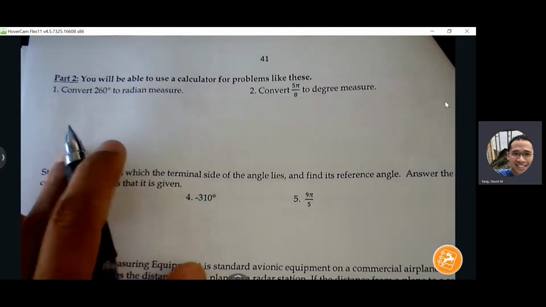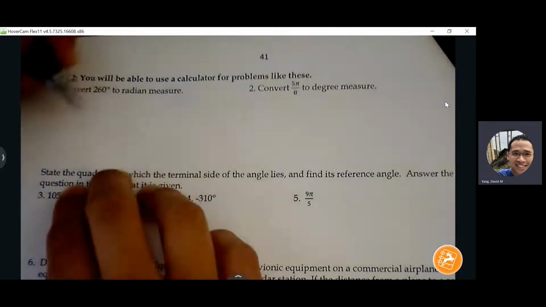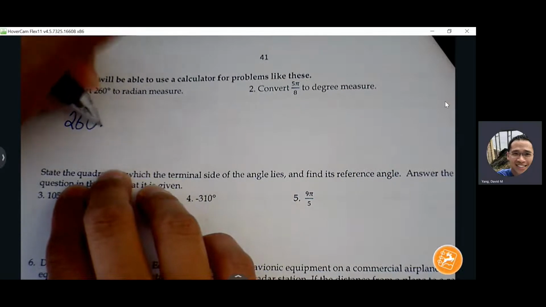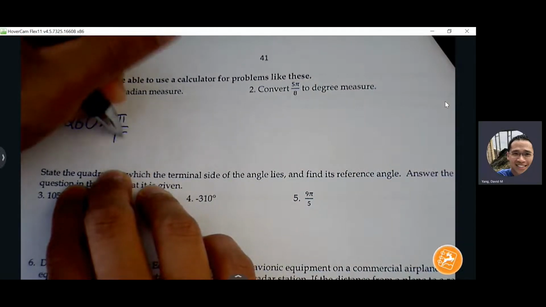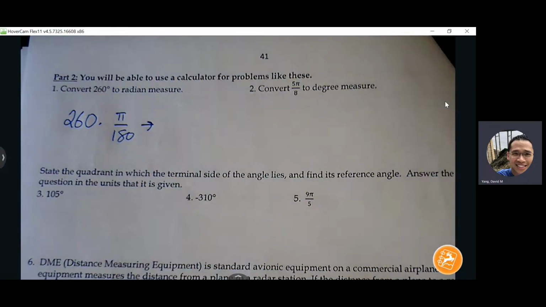Number 1 says convert 260 degrees to radian measure. If I'm in degrees, how do I convert to radians? Yeah, times pi over 180. Make your calculator do the work: 260 divided by 180. Leave pi out of the calculator.